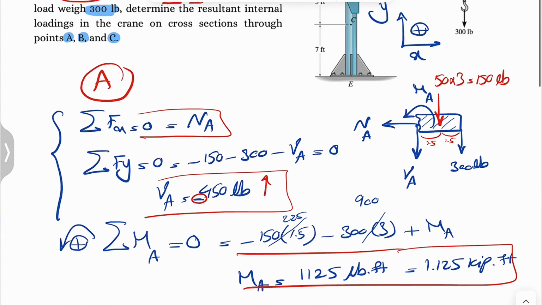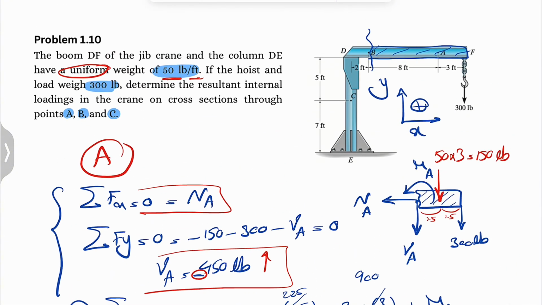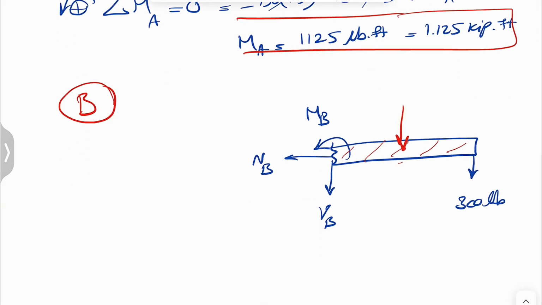If we get back to the question, the length of the beam from B to F is 3 plus 8, or 11, so it's going to be 5.5 for the distance from the center to each end, and the force will be again 50, this time times 11, which is going to be 550 pounds.